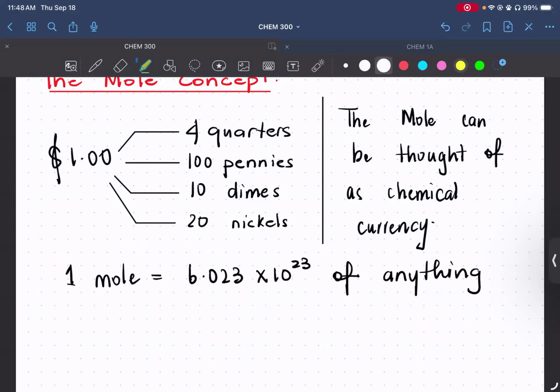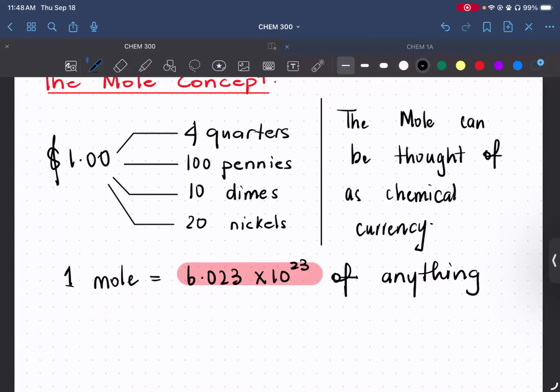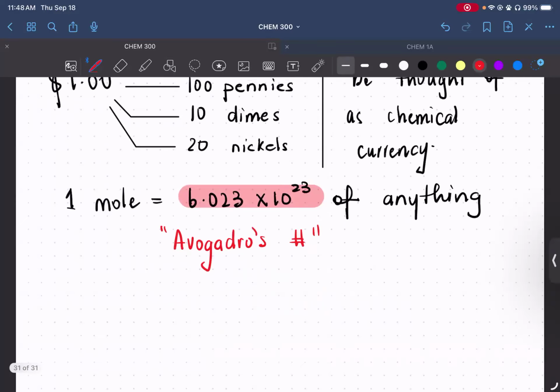This number right here, 6.023 times 10 to the 23, is known as Avogadro's number. Not to be confused with avocado. Avogadro is the guy who quantified it. He was the very first person to say 1 mole is 6.023 times 10 to the 23 of anything.